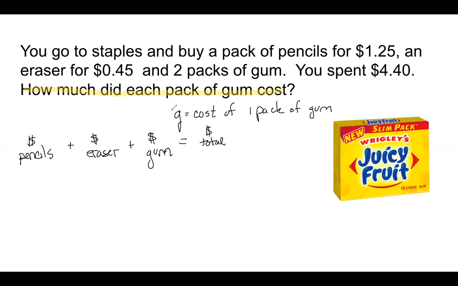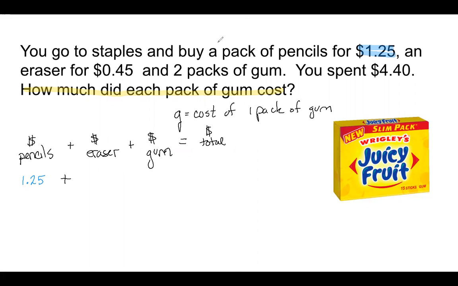Money plus money plus money equals money. So you can't have the number of pencils plus money equals money. They all have to have the same units. So the amount of money I spent on pencils, that's right here in the equation. You spent $1.25. So let's put $1.25 for the money for pencils.